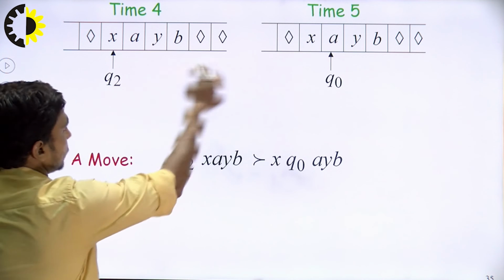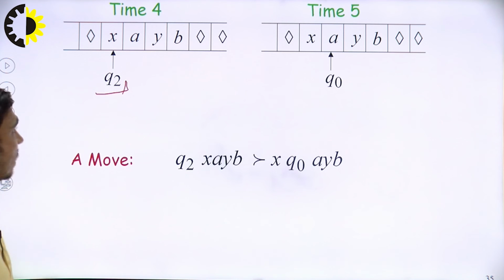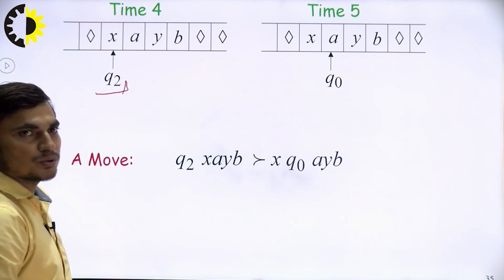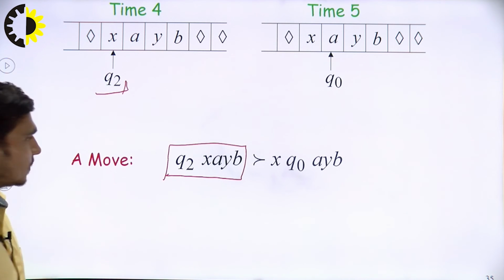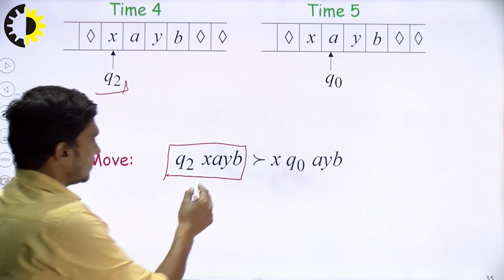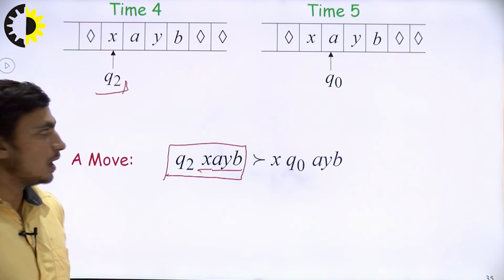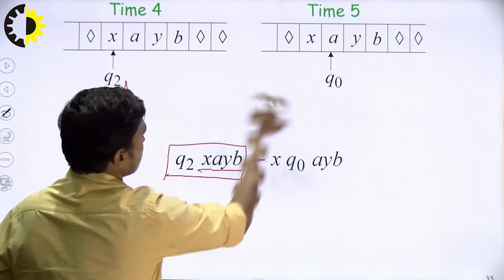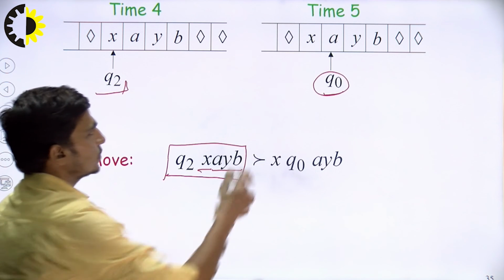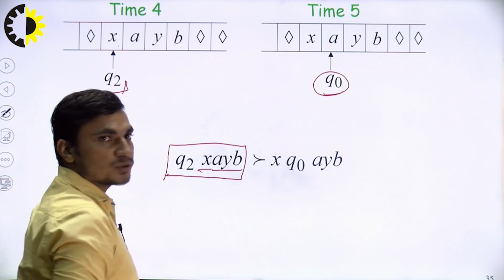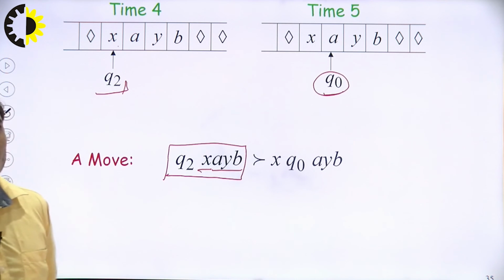If we take a look at this example, we are in state Q2, and the input we are going to read is X. So the machine is described by this ID: the machine is in Q2, the input to be read is X, and after that we are having A, Y, B. Now after one move, you can see that we are changing from state Q2 to Q0, and in place of this input symbol X we are writing X, and the read write head is moving towards the right side.